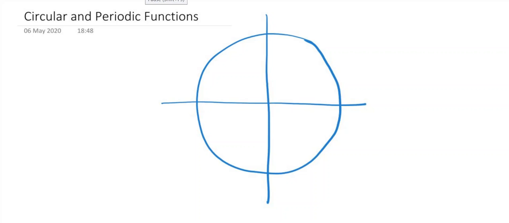So we're going to look at circular and periodic functions. The first objective is finding values of trigonometric functions based on the unit circle. What you see here is called a unit circle.